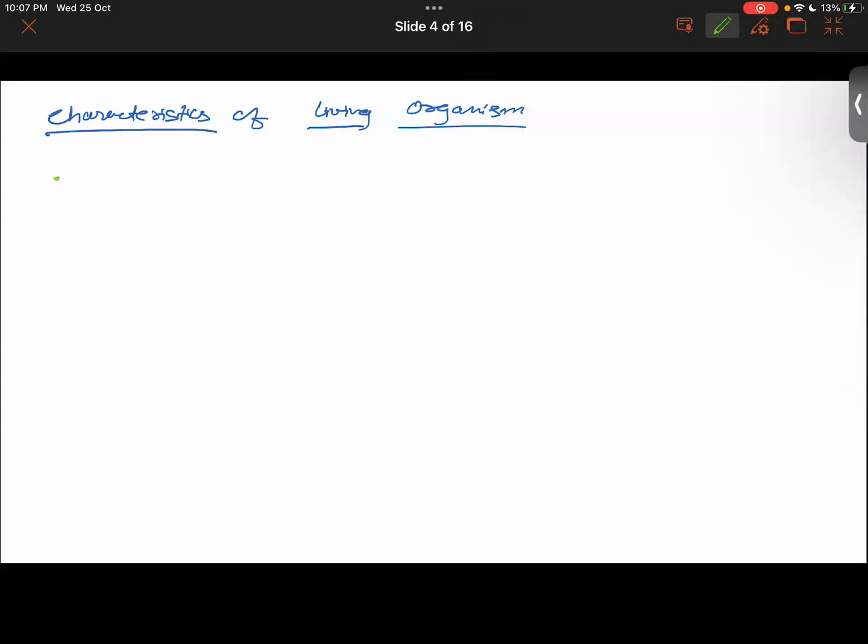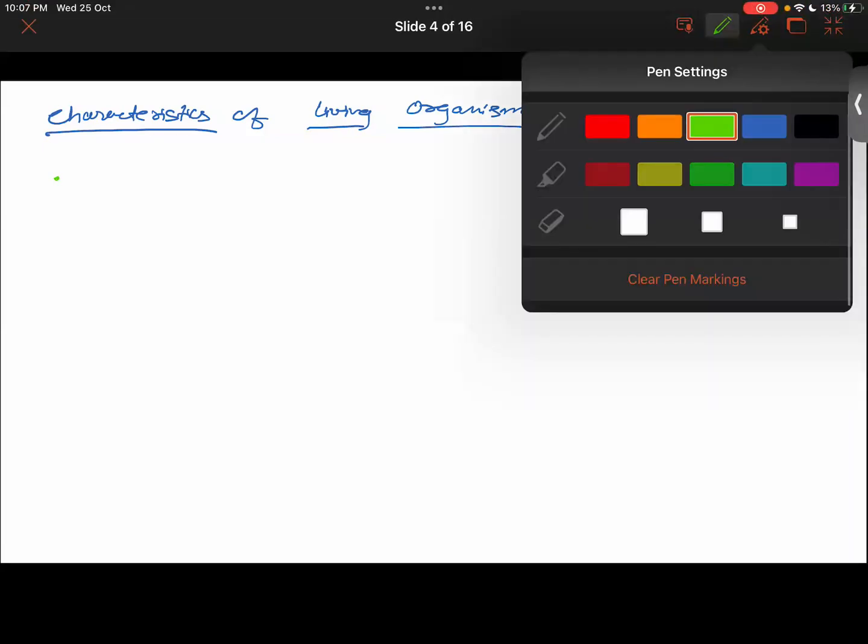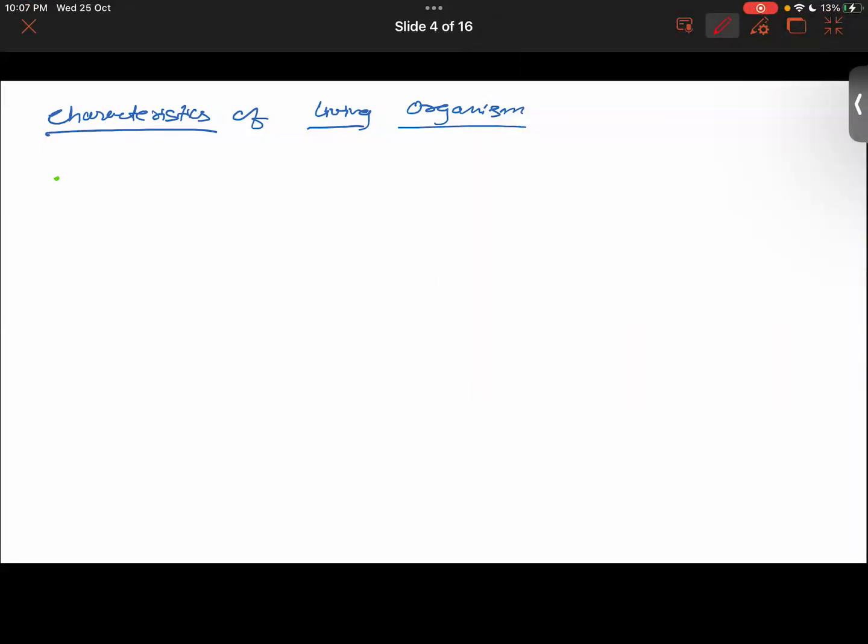So characteristics. Moments ago we saw those characteristics. Will you please repeat what were the characteristics we just discussed? They breathe, they do reproduction, they have a lifespan, and they are made up of cells.